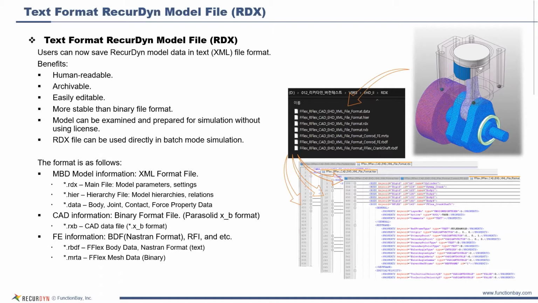And then for flexible bodies, some of these are saved as text format, which would be the Nastran BDF format. And then for other types of information, some of those are in binary format.